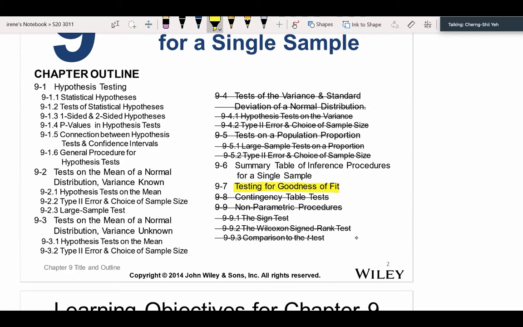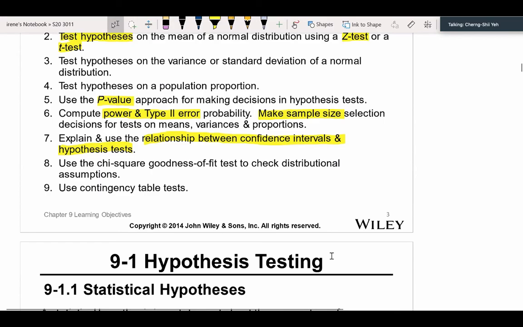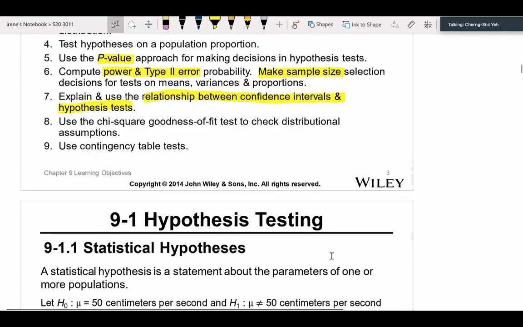All right, but how do you know if your data fits one of those distributions? By now, you should be able to know in your project which variables are continuous, which variables are discrete. But can you fit them into an existing probability distribution? The goodness of fit test will tell you that. If I have time, we're going to go over that.